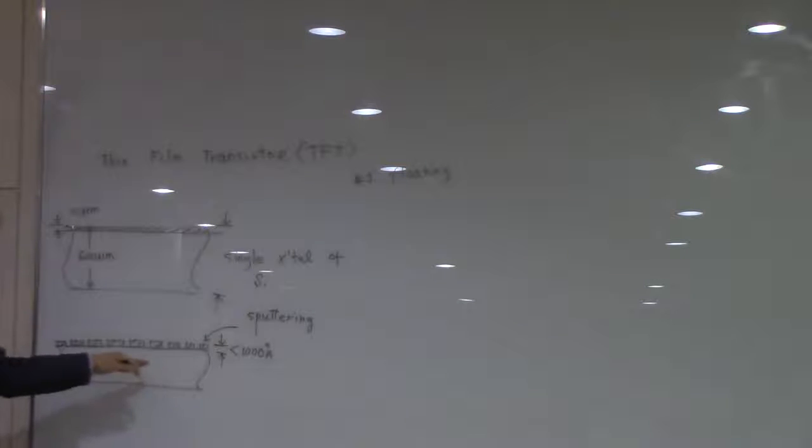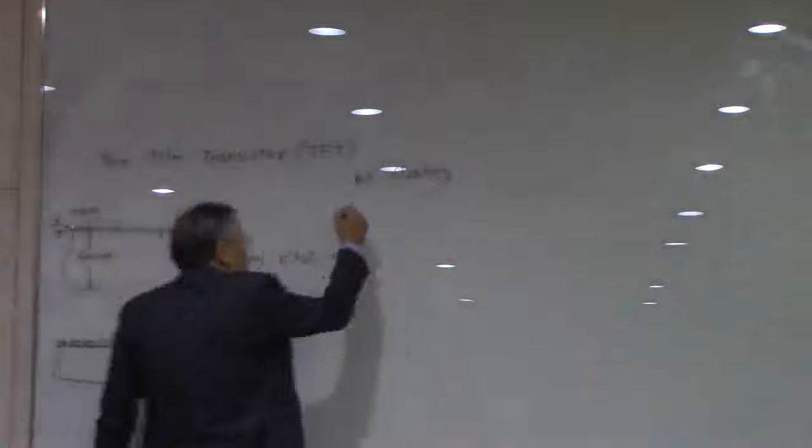But in this case, each transistor is separate from each other because they are built on the glass, and then physically the silicon thin film is removed to make it the island. And then they are going to be interconnected with the metal, just like the interconnection of the transistors in a normal wafer. Okay, so that is the big difference.